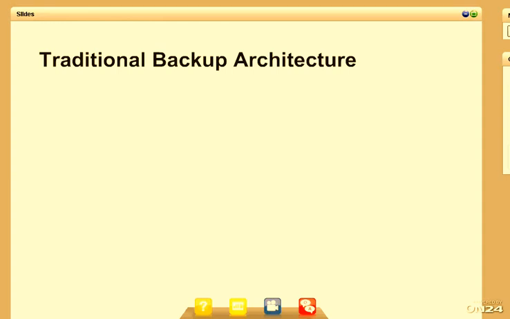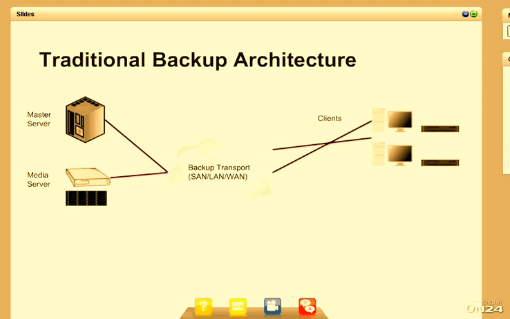And you typically started off with a master server that was connected to some backup transport network of some type. And for the purposes of this discussion, it's almost irrelevant whether it was a SAN, a LAN, or a WAN. The important part is that there was a guy that was controlling all of this stuff. And then you had some clients that were on your network, whether they were servers or desktops or whatever. They were connected through to your transport network and off to a media server.